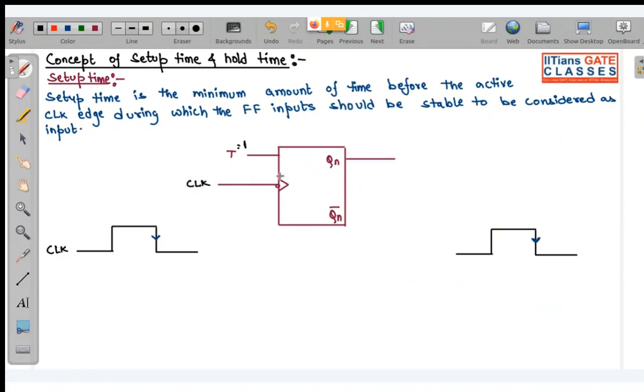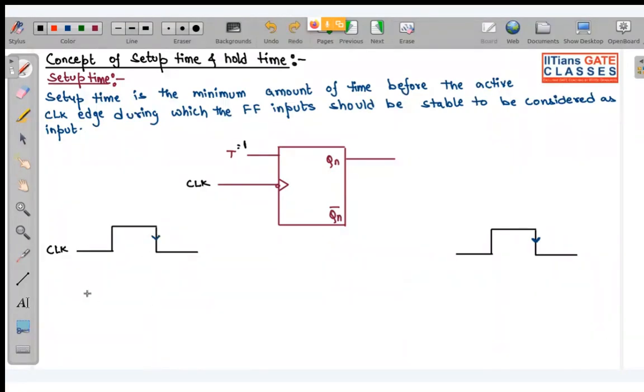Until now, we haven't discussed how much time before this active edge your input needs to be stabilized so that it is considered a valid input.